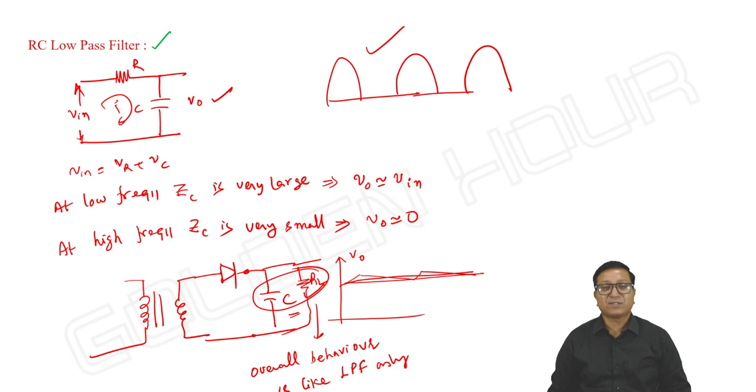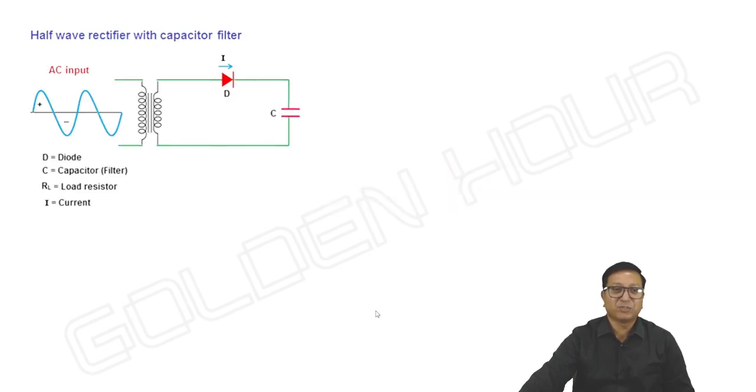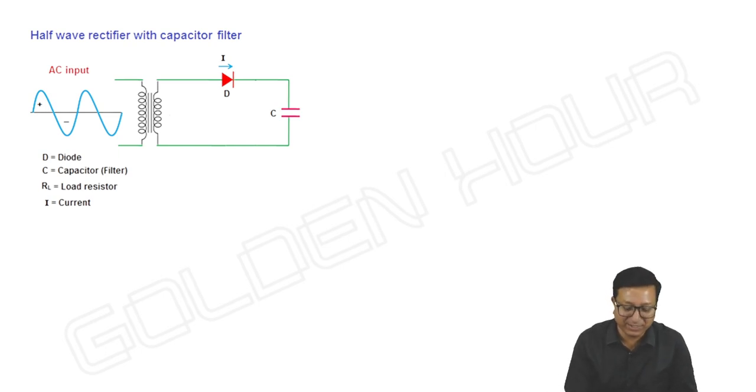Okay, so let us discuss these filter circuits with the rectifiers. The first one is the capacitor filter, which is very important compared to the inductive filter. Half wave rectifier with capacitor filter. This is how the circuit is, as I mentioned. I'm not taking the load resistance for the time being, just placing a capacitor, so what is its working?